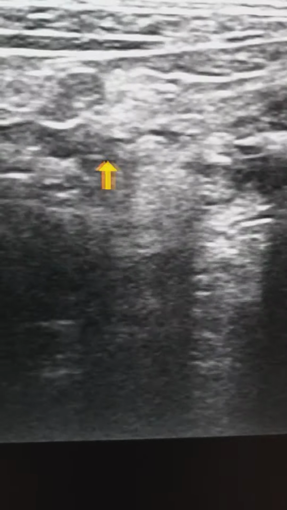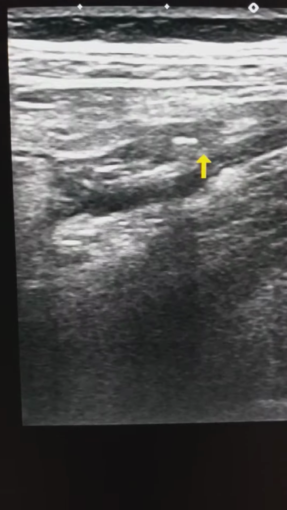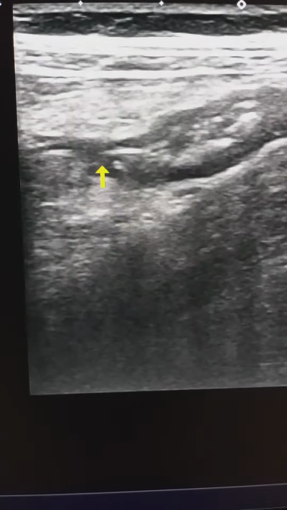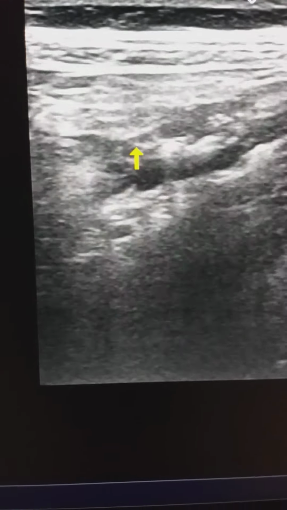I am in the lower right abdomen. So this is the cecum, and here this is the small bowel loops, which is entering into the cecum, and this is the point of Jennings.